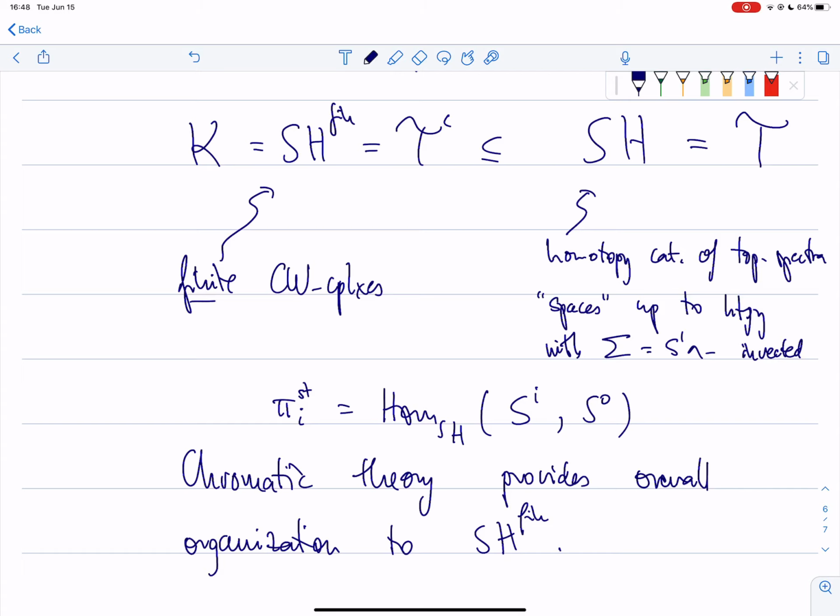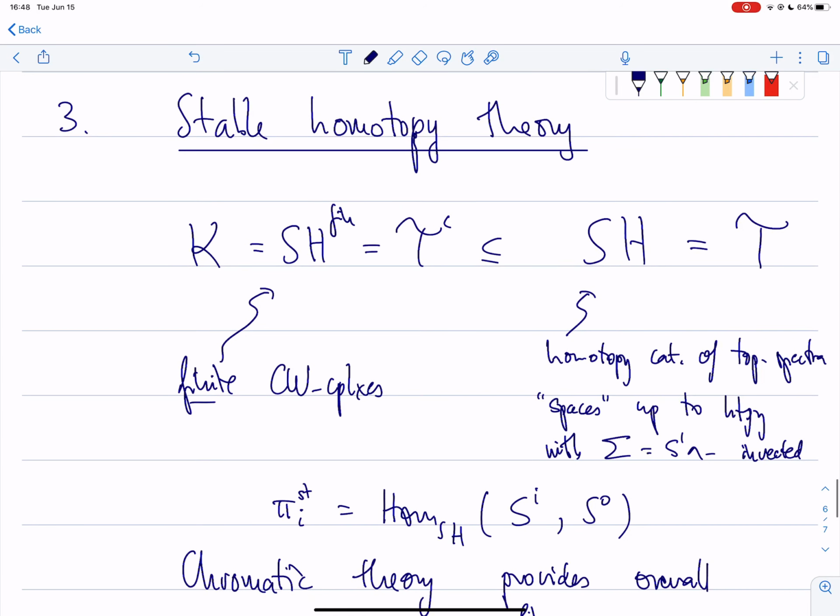The ultimate goal is that in this topic, but you don't have to be obsessed with that. You could say, okay, I care about these tensor-triangulated categories, these stable homotopy theories, and if you follow that logic, this would be to Z, it's a bit like Z in commutative algebra.